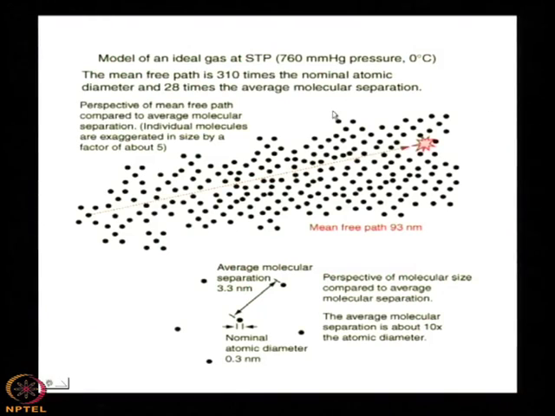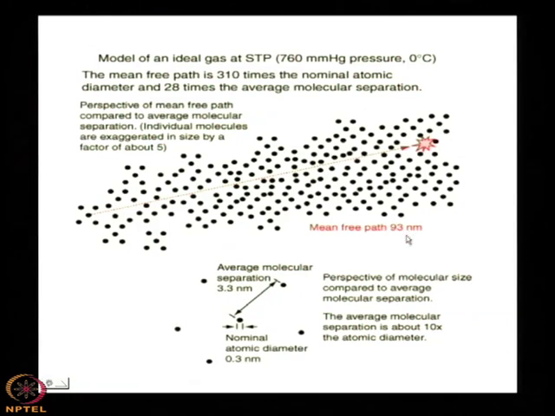Here is one example of an ideal gas at STP, that means at 0 degree centigrade and 760 millimeter of mercury pressure. That is an example only. This is a molecule of an ideal gas, its diameter is 0.3 nanometer, and average molecular separation is 3.3 nanometer.